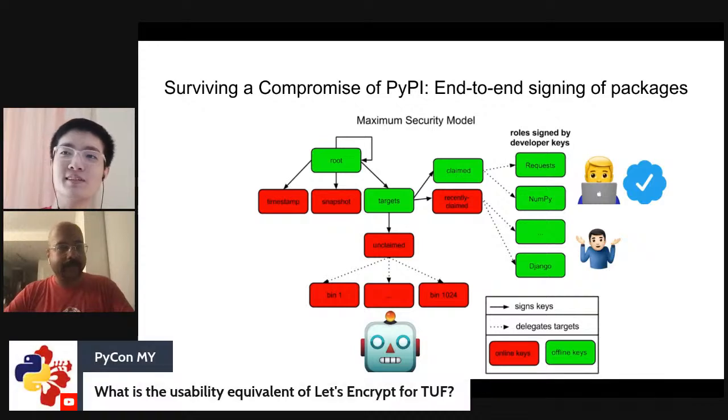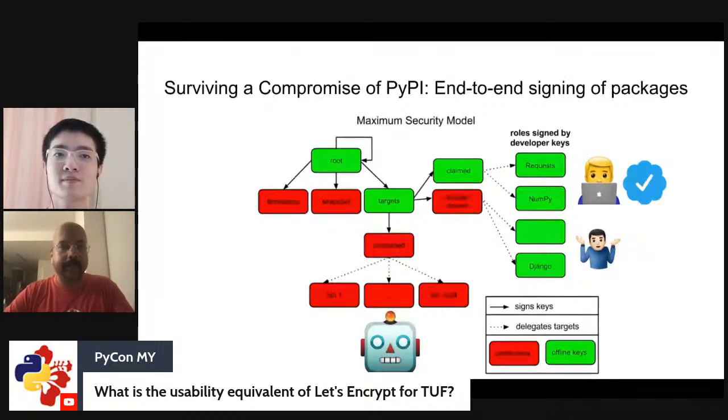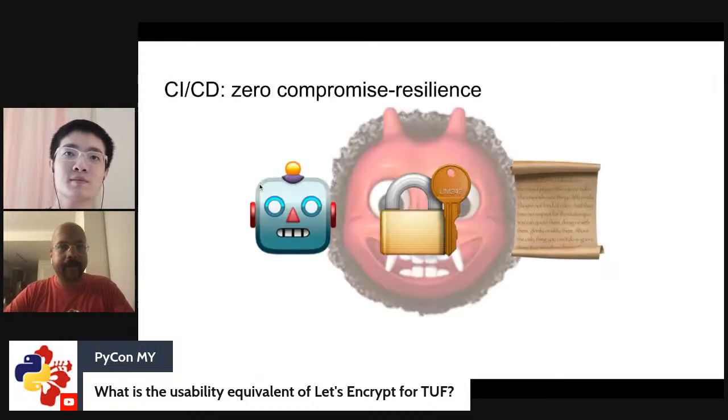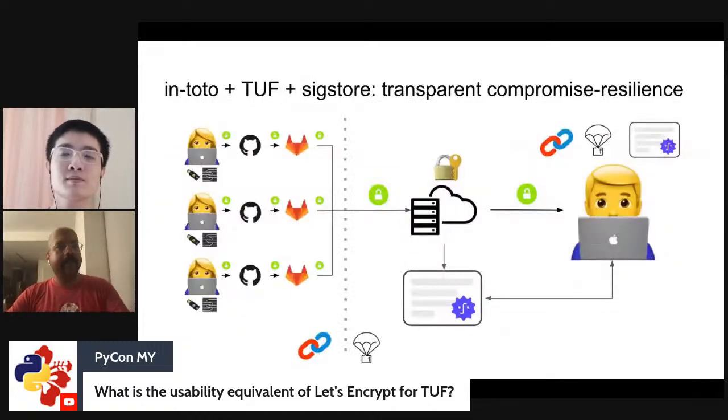Oh, there's one more question. What's the usability equivalent of Let's Encrypt for TUF? Very good question. That's basically what we're trying to do with this. So let me go to this slide. Remember this, in-toto plus TUF and Sigstore. This stuff is coming to Sigstore, which you might want to look at also.